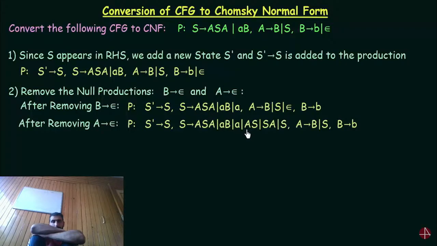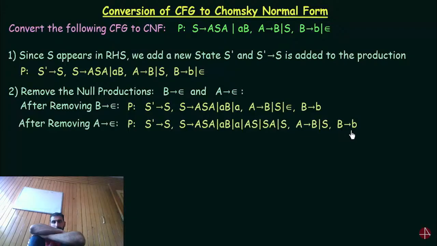So I include the production AS. If I remove the first A instead, I get SA, a new production that I add. And if I remove both A's, I get a single S, which I also add here. Then I can remove A gives epsilon, the null production we were trying to remove. So A gives BS, the epsilon is gone, and B gives B is written as it is.